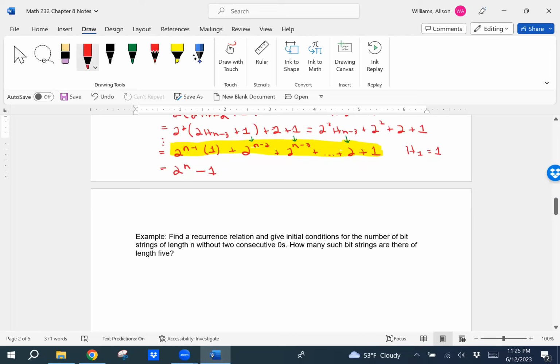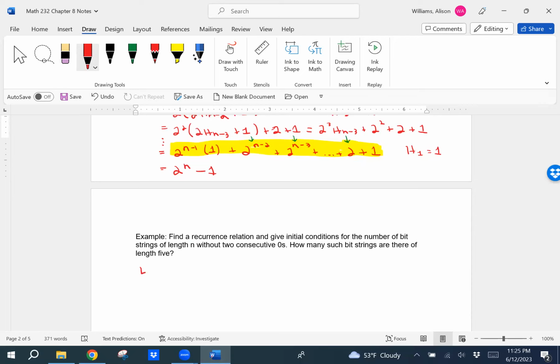Let's find a recurrence relation and give initial conditions for the number of bit strings of length n without 2 consecutive zeros. How many bit strings are there of length 5? Okay, so 2 consecutive zeros. Let's start with that.